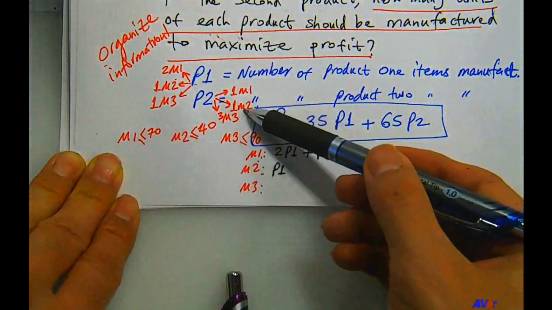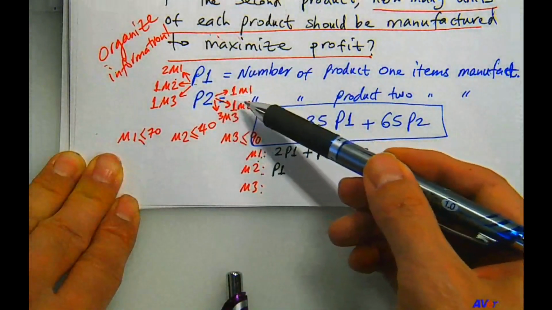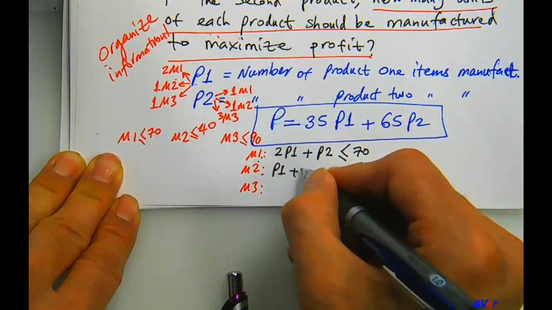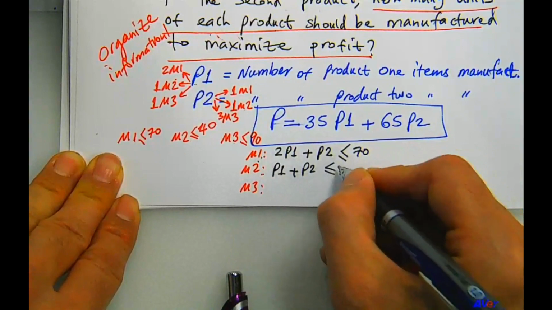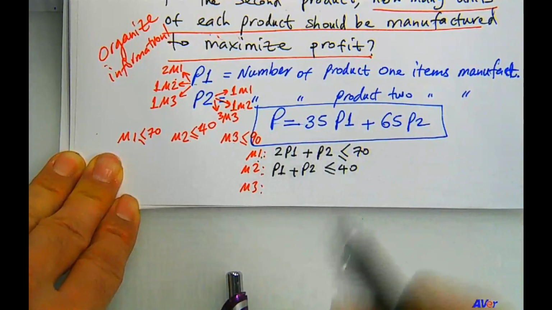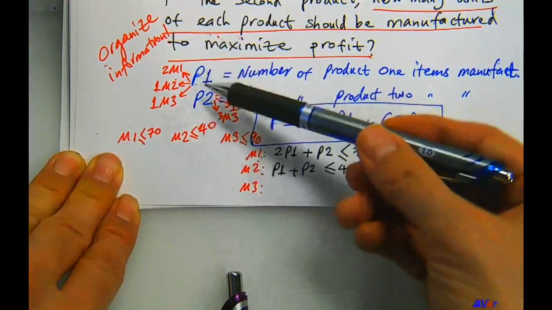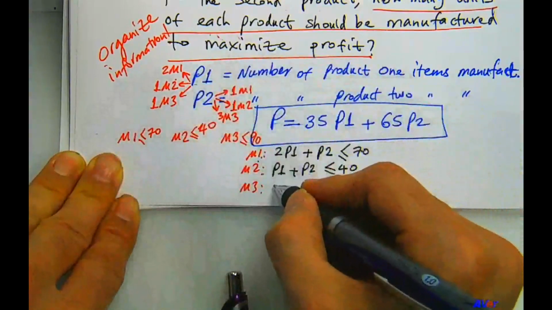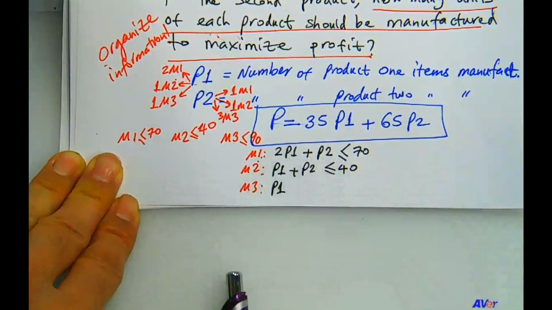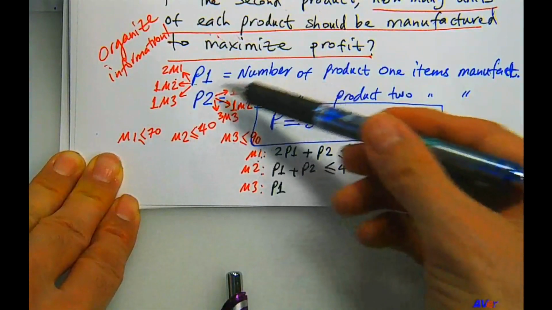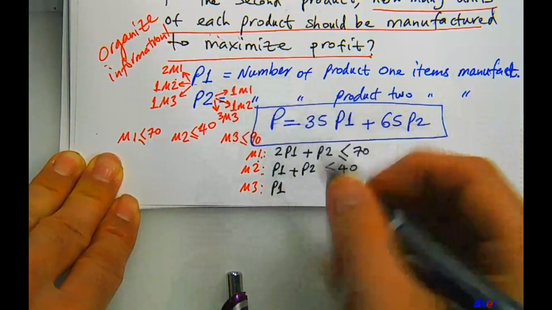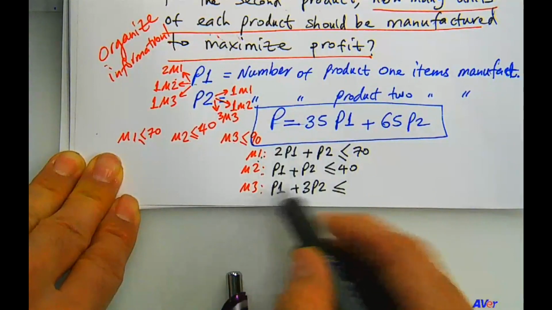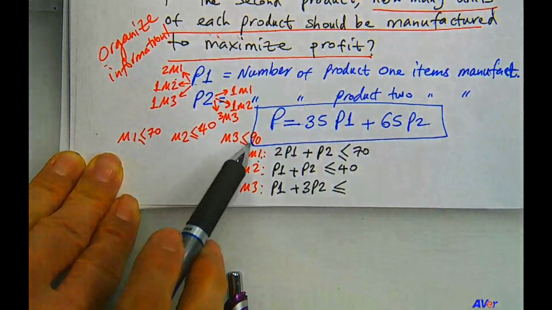And then product 2 takes 1 hour on machine 2 as well. So P1 plus P2 less than or equal to 40. M3, product 1 takes 1 hour on machine 3, so that's 1 times P1 is P1. And then product 2 takes 3 hours on machine 3, so plus 3 P2, and that should not exceed 90 hours.